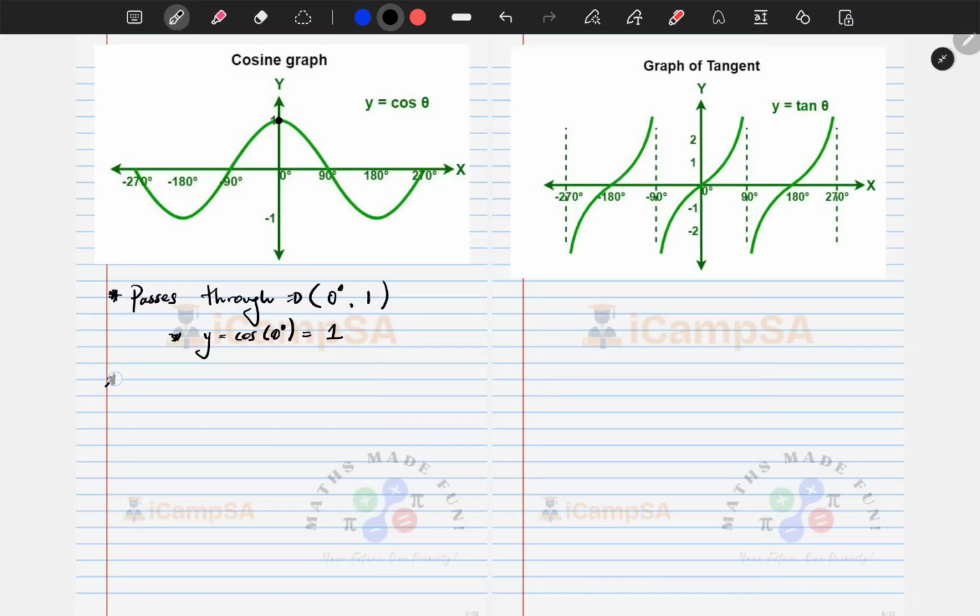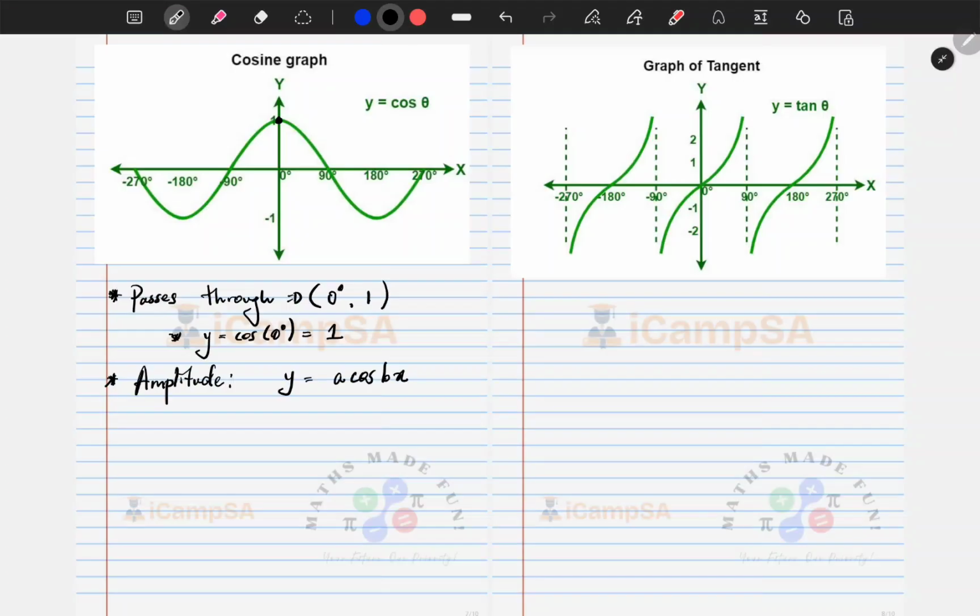So now let's look at finding the period, starting with the easiest one, which is the amplitude. They are all easy, by the way. Remember the equation y equals a cos bx.